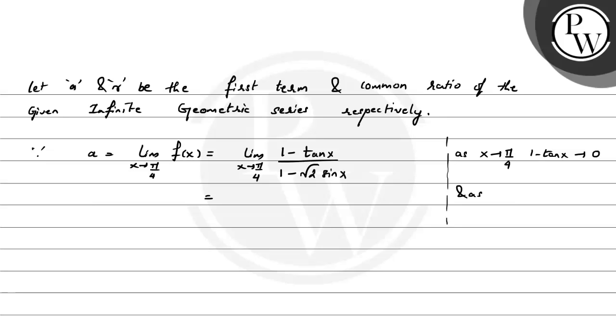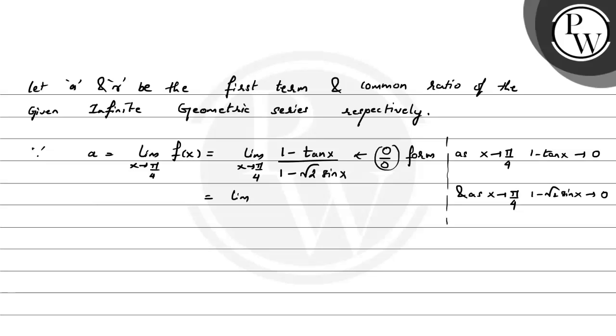And as x goes to pi by 4, 1 minus root 2 times sin x goes to, see, when x goes close to pi by 4, the value of sin x goes to 1 by root 2, and root 2 times 1 by root 2 is 1, and therefore the difference 1 minus root 2 times sin x goes to 0. So this limit is of the form 0 by 0. Therefore we will use L'Hopital's rule.